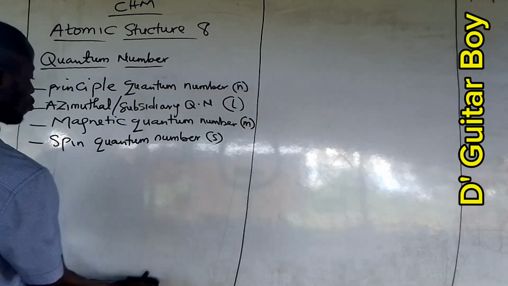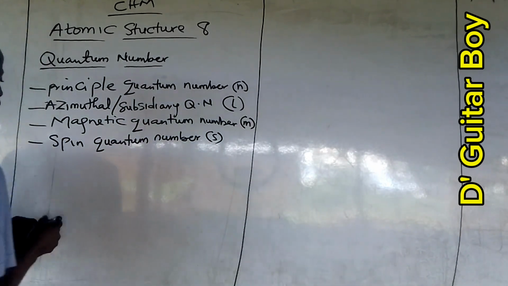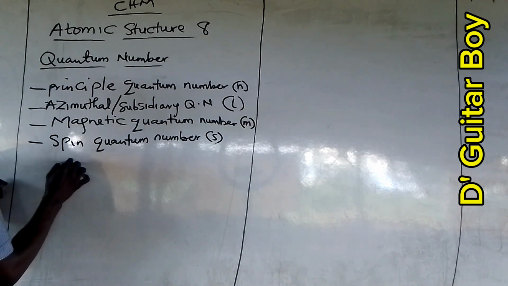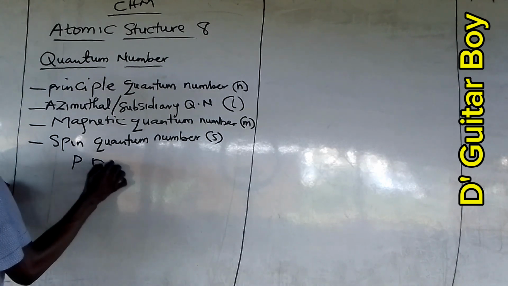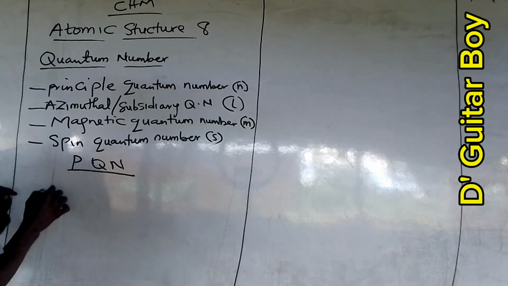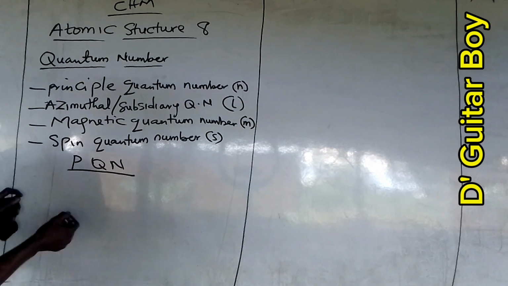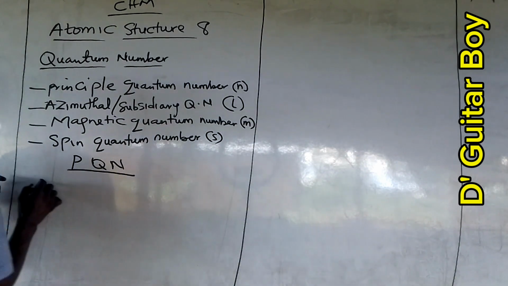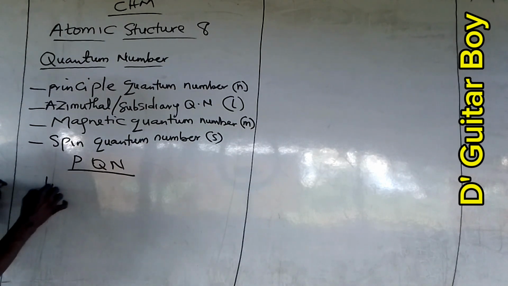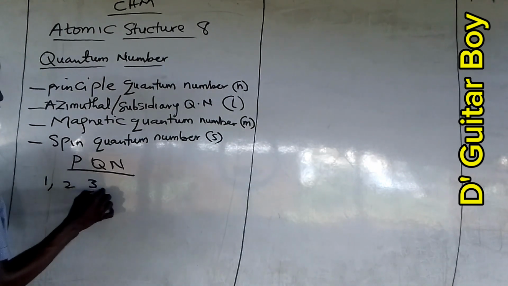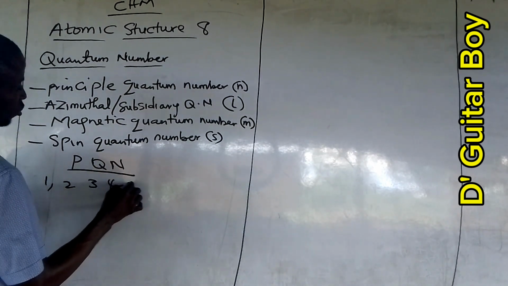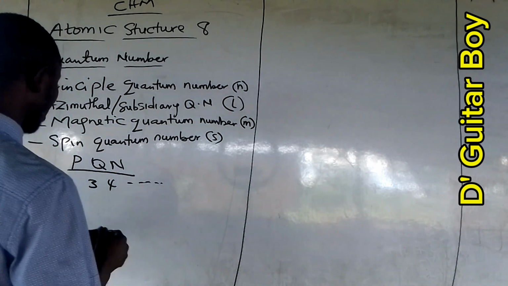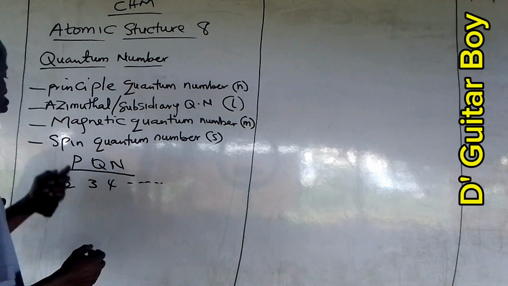So we are going straight to the explanation part now. Principal quantum number. This has integers. An integer is a number that is not continuous, such as what? 1, 2, 3, 4, just like that till infinity. This has integers that range from 1, 2, 3, 4.